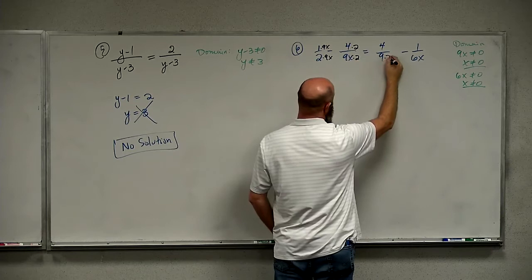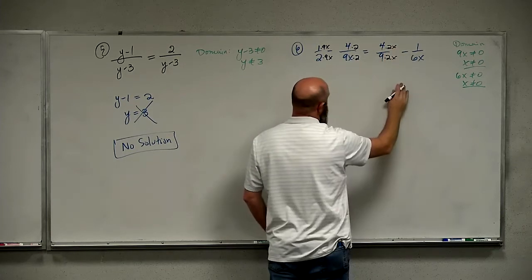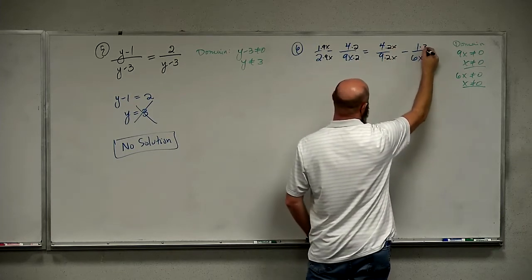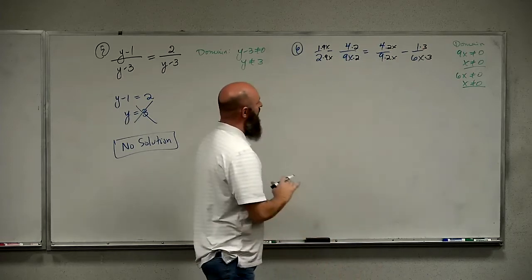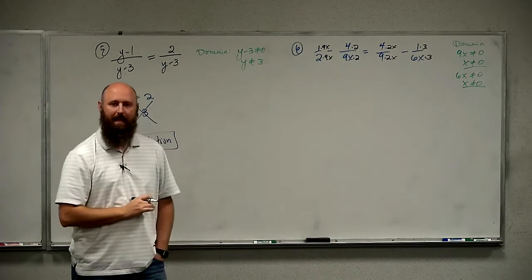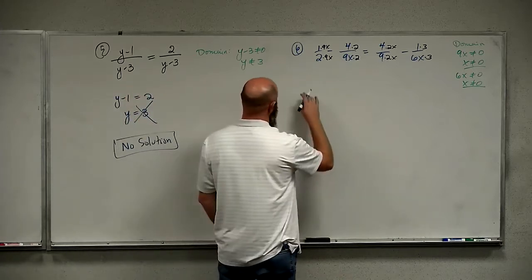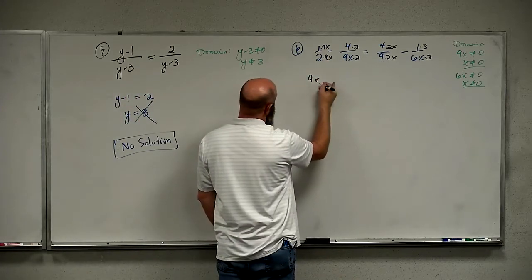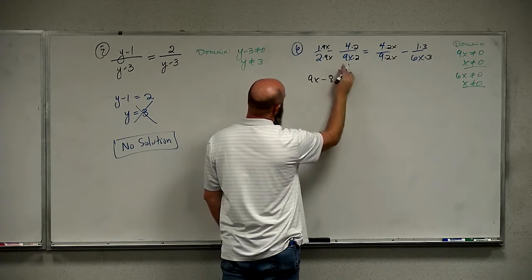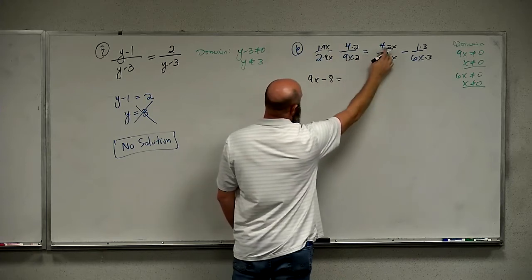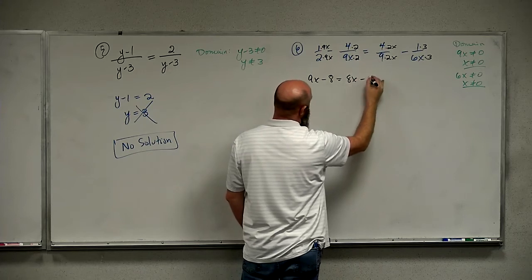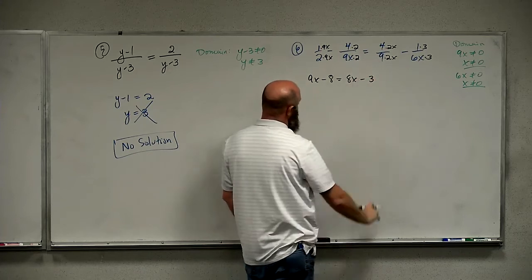This one needs a 2x. And then this one needs a 3. Now, if we multiply out all those bottoms, we're going to get 18x. So I don't need them anymore. So I'm looking at just the top. All right, so I'm going to get 9x minus 8 here and here. And then 8x minus 3.